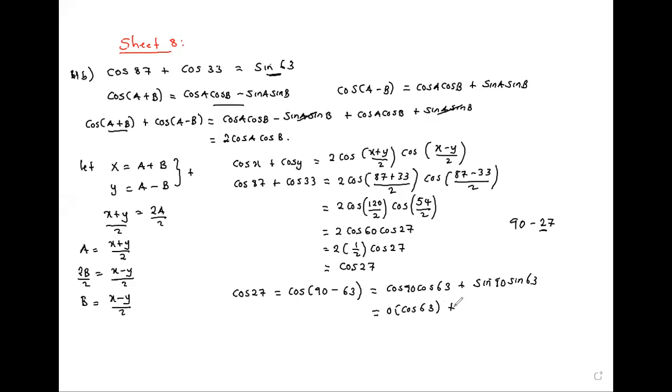Sine 90 is 1 multiplied by sine 63. So this is 0 here, and 1 by sine 63, we get sine 63 degrees, which is our right hand side. So we have shown the equality without having to evaluate those two guys.